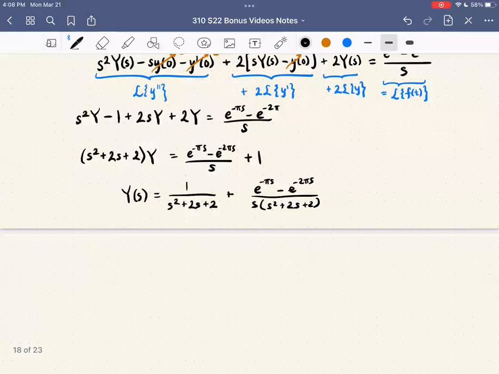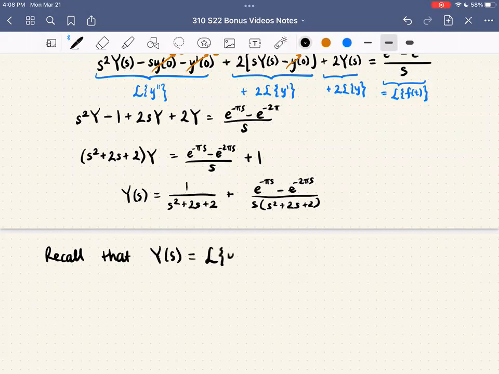So where are we going with this? Well, recall that capital Y is the Laplace transform of our solution, little y of t. So if I want to figure out what little y of t is, I need to take the inverse Laplace transform of capital Y. So y of t is the inverse Laplace transform of capital Y. Well, capital Y is this expression, so I'm going to go ahead and write that.